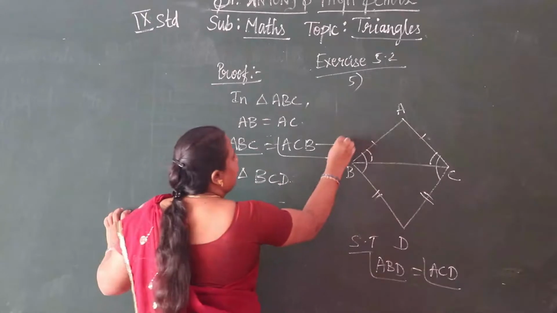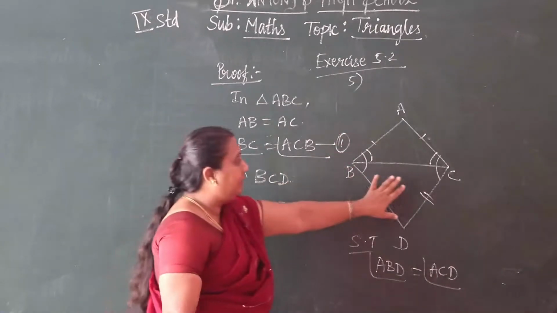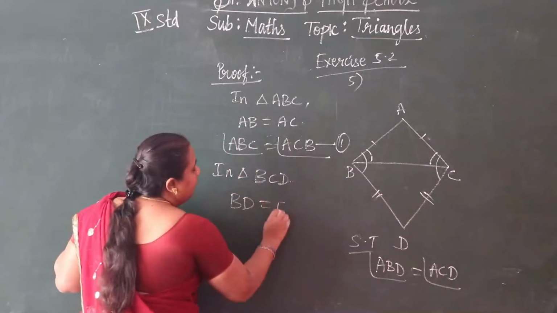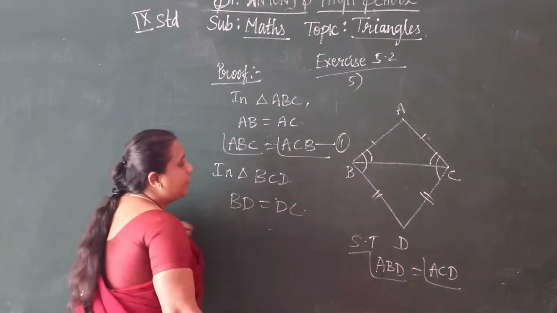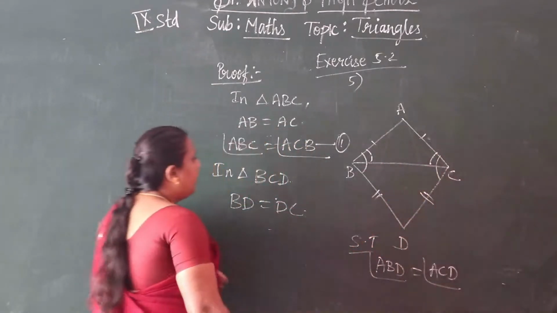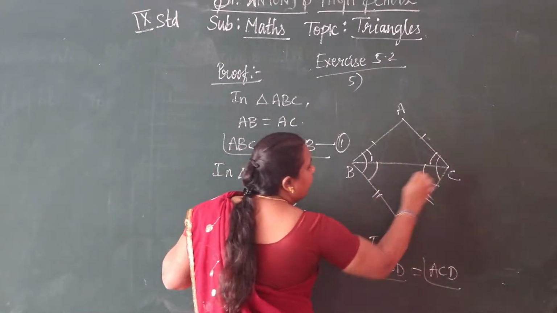This is equation number 1. Then in triangle BCD, we have BD equals DC. BD equals CD, so these two sides are equal, which means these two angles are equal. Why?